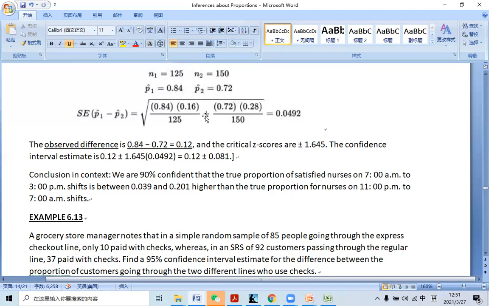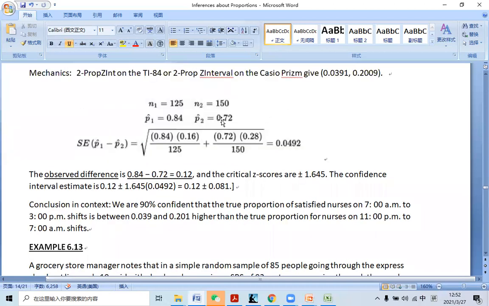And then you add. When you are getting the standard deviation for differences, you add. When you are trying to get a standard deviation for the sum, you also add. It doesn't matter whether you are getting the difference or the sum. And this is coming from the second sample, sample 2.